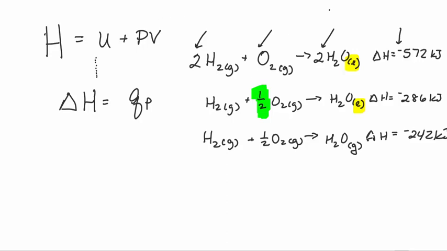So let's take this concept a little bit further. If I have 0.0500 moles of HCl, and that's aqueous, and I'm going to react that with 0.0500 moles of sodium hydroxide, also aqueous.